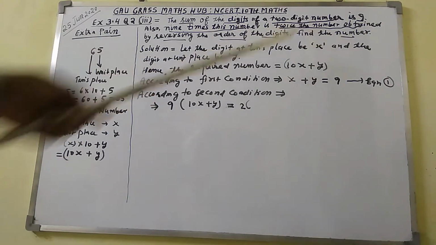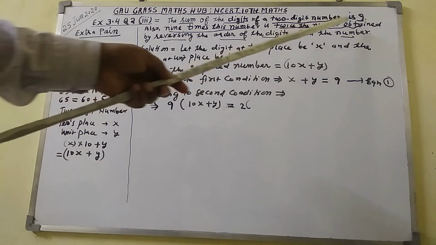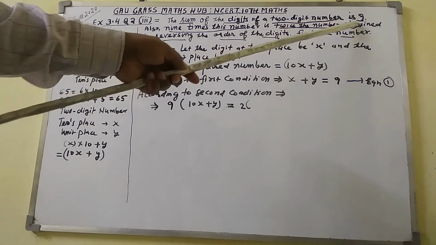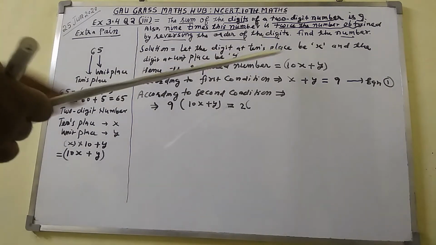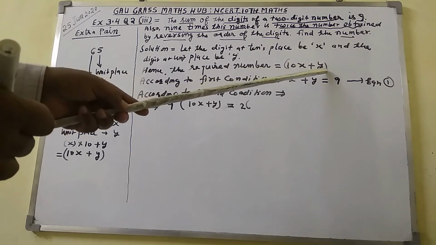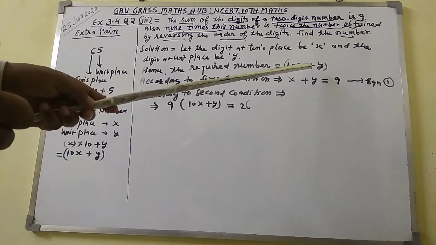The number. Now you have to frame another number with the help of the thing explained here, obtained by reversing the order of the digits. This means that two digits here x and y are there in order. Now digits will be reversed.